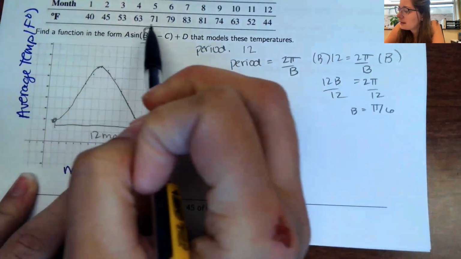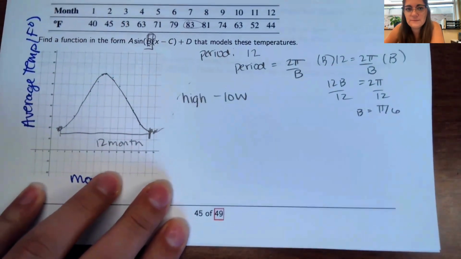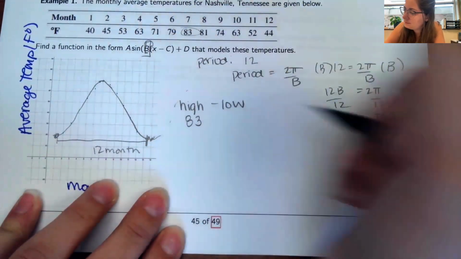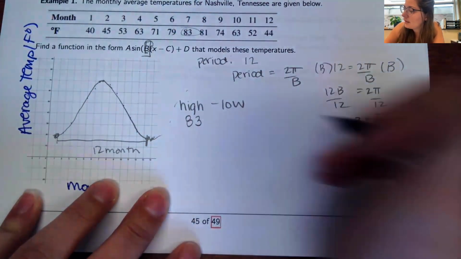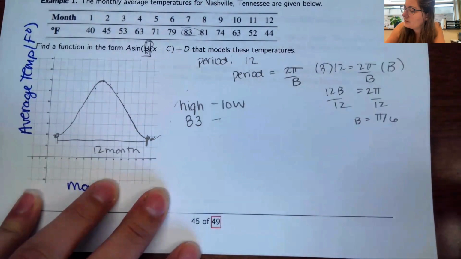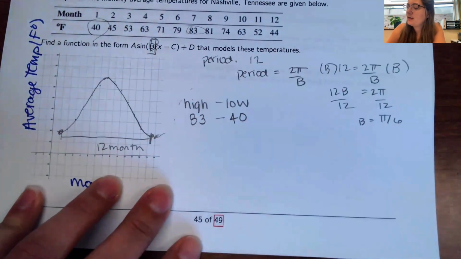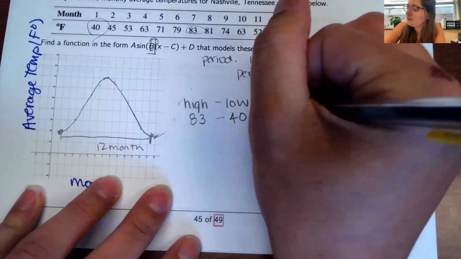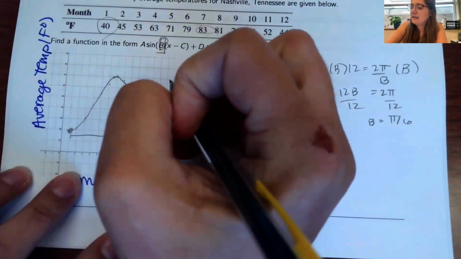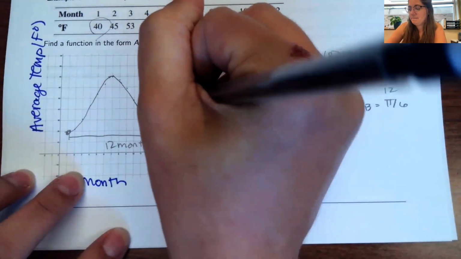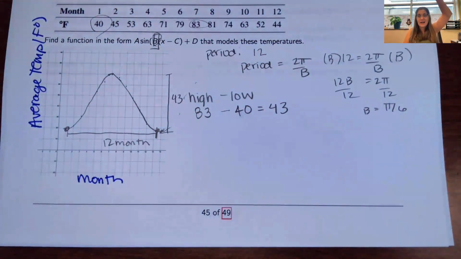Let's see, it looks like my high temp is 83 degrees, and my low temp is 40. If I do 83 minus 40, that's 43. So I need this whole distance, from the high to the low, to be about 43, because that's how much I need to go from one to the other.